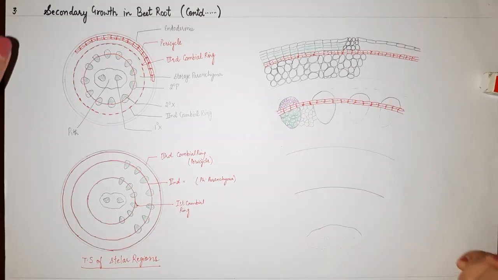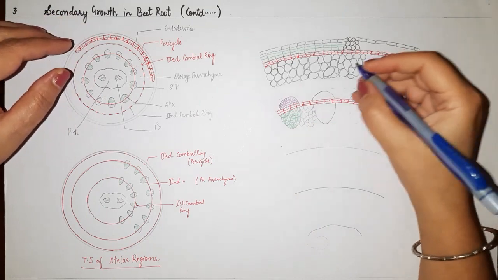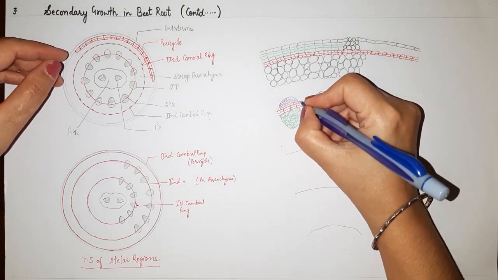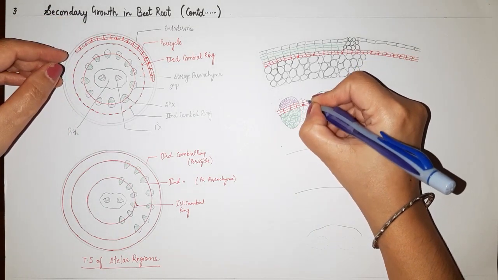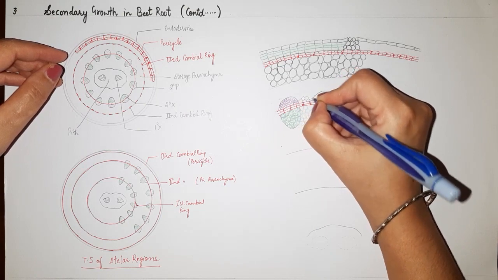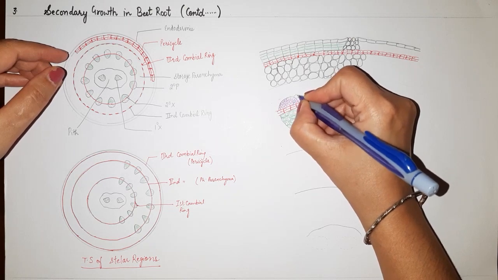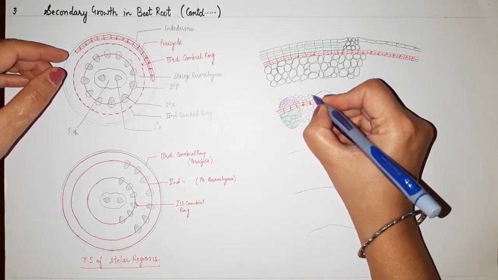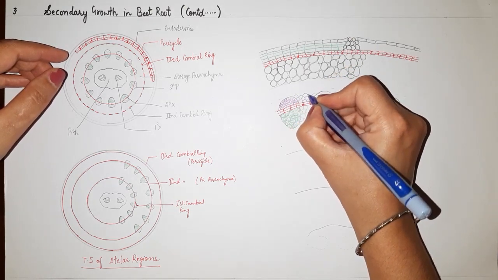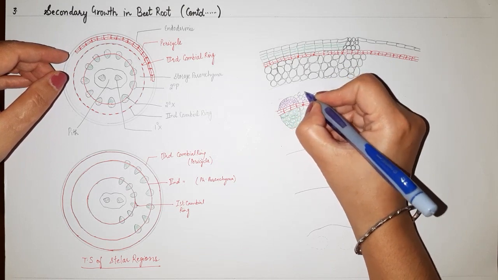Okay. Similarly, towards the upper side, we have to show polygonal cells till the level of vascular bundles, and afterwards you have to draw circular cells.